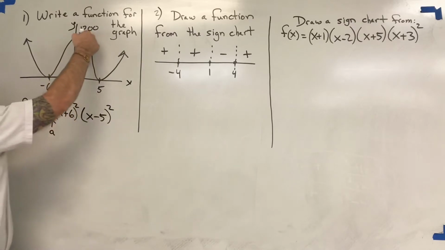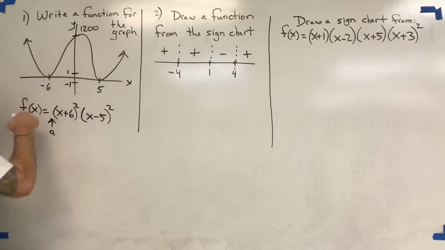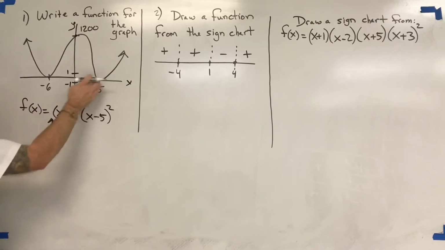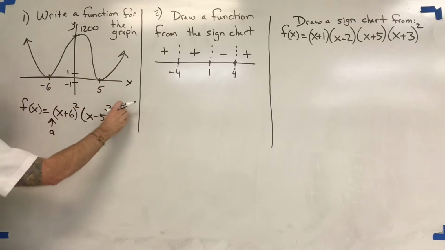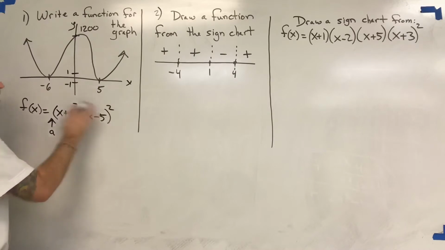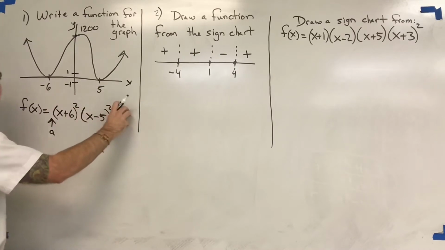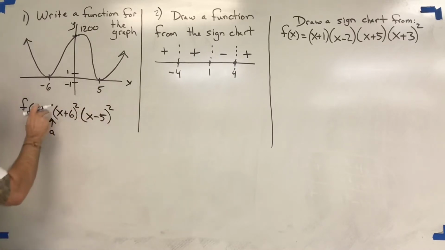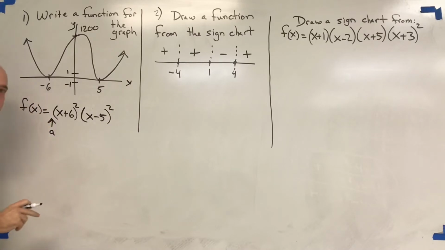Remember, this is 1200 on the y-axis. So that's like an output of 1200. And we have to put it right there so it doesn't affect where these land. Because if you're adding or subtracting something, then if you plug 0 in here, it doesn't zero it out because you're adding or subtracting something else. So we're kind of stuck with it as a multiplier.